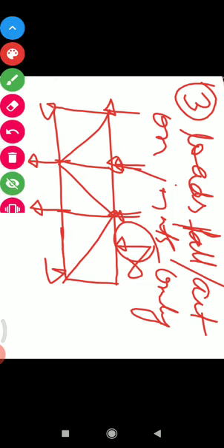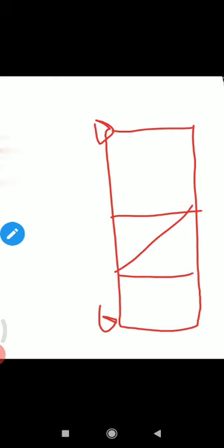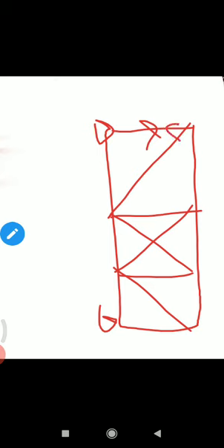And we already know that truss always carries axial force, meaning if this is a truss, then forces in the members are always like this, equal and opposite to maintain equilibrium. It may be compressive or tensile. Suppose if we take this truss member and forces are acting along this direction, it is a compressive force.